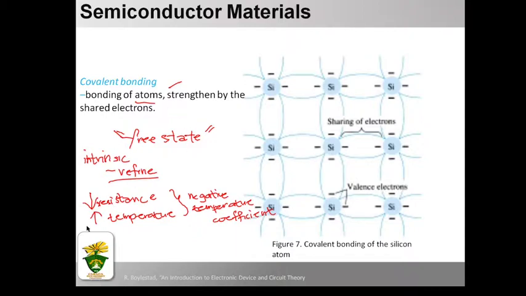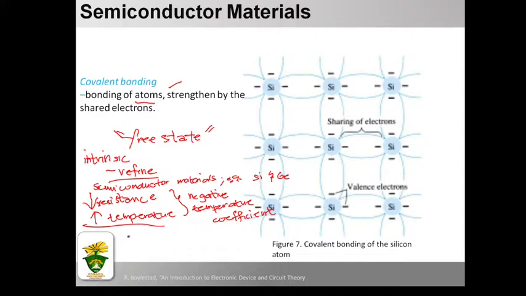Earlier we said that semiconductor materials such as silicon and germanium are said to have negative temperature coefficients.